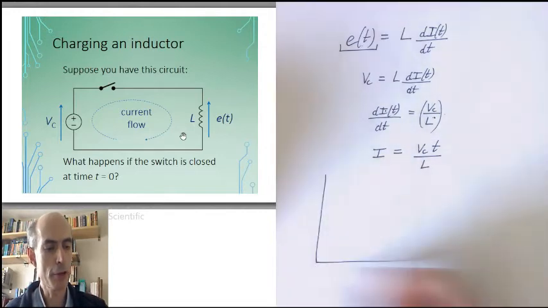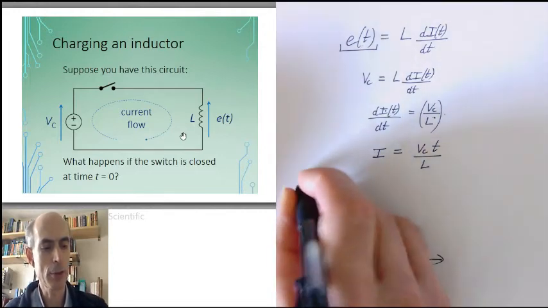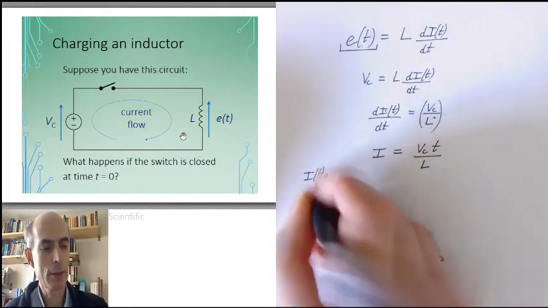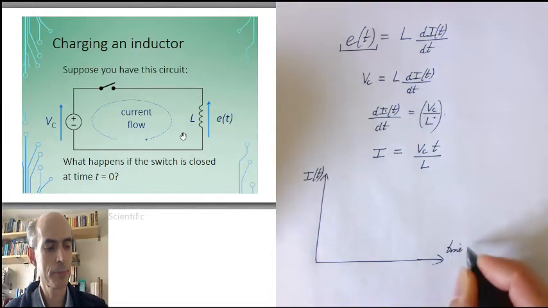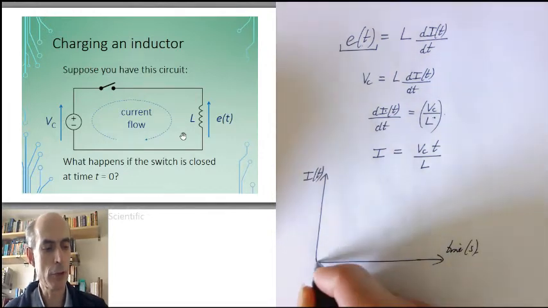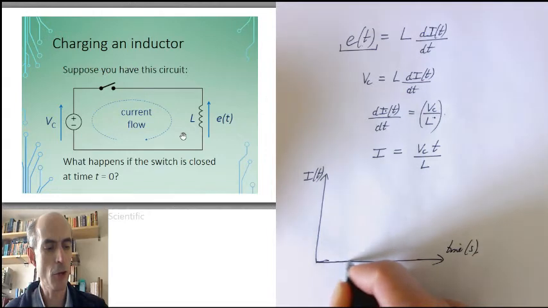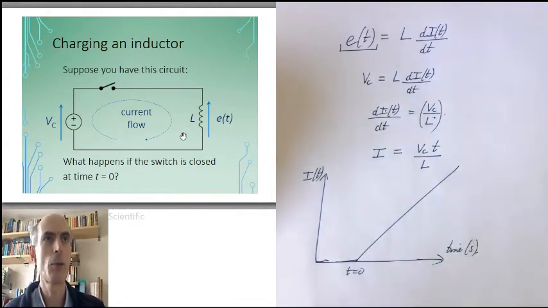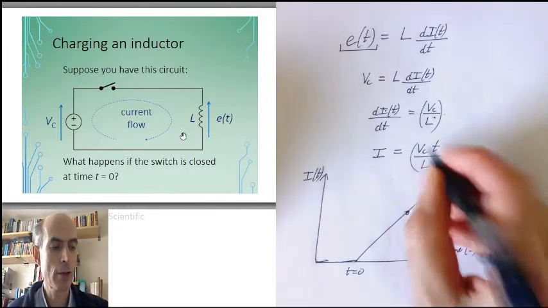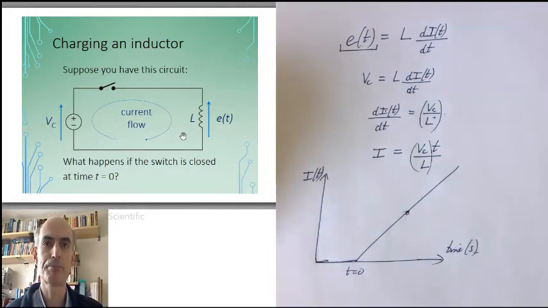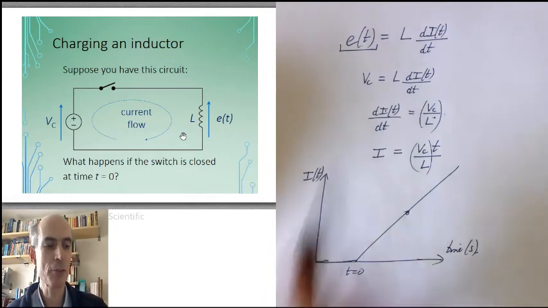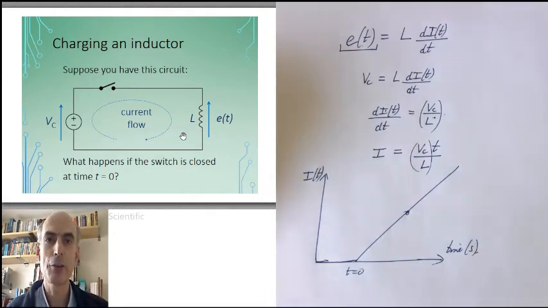Plot that on a graph, and the current against the time would just look like this. It will be 0 until time t equals 0, at which point it would just head up in a straight line with a gradient of Vc over L. It's just as simple a case to analyse as the capacitor with the constant current source flowing into it.